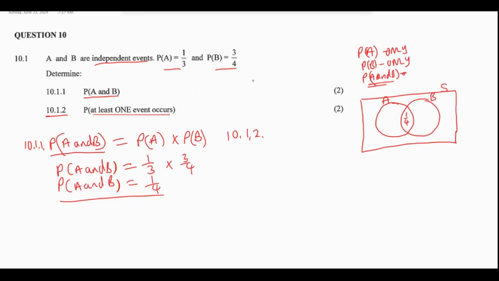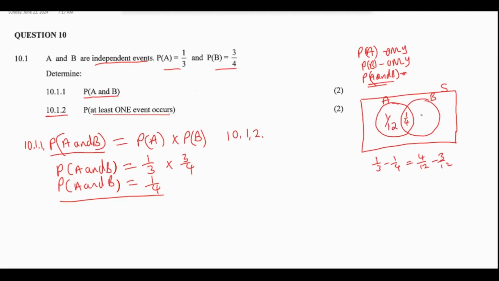That is the whole A, the whole circle A. Right, so what is the probability of A only? You have to say 1 over 3 minus 1 over 4, isn't it? Which is 4 over 12 minus 3 over 12, which is 1 over 12. So that's probability of A only.